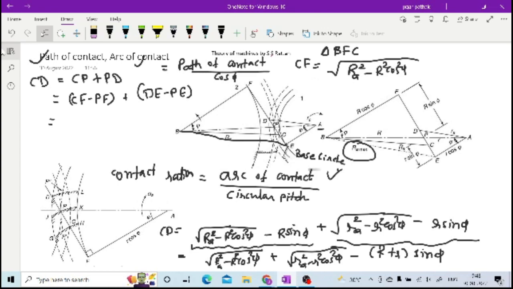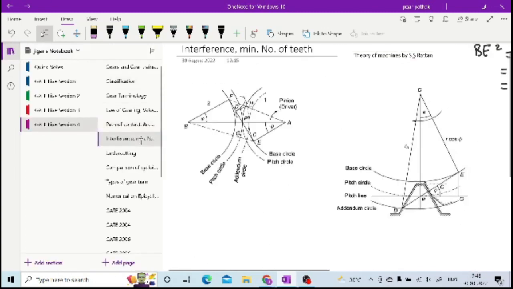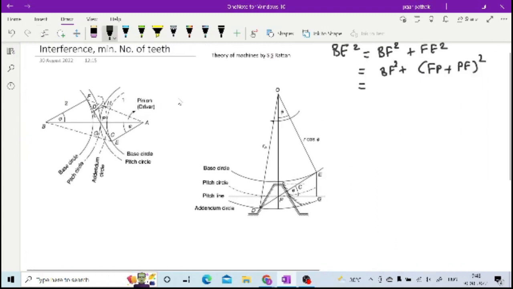This Fp is related to your gear, and this Pe is related to your pinion, right? So if you have this particular geometrical data with you, then you can find out the minimum number of teeth required in order to avoid interference.